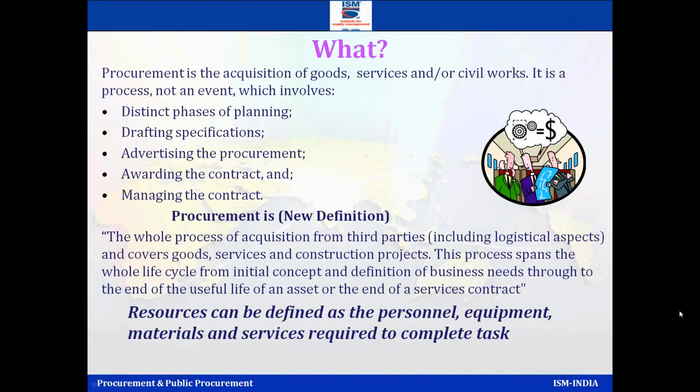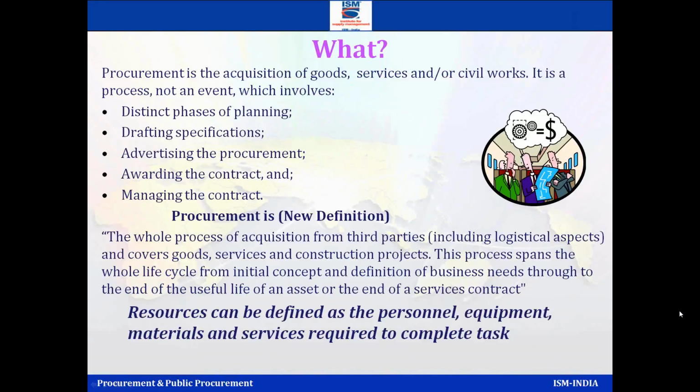Let's understand what is procurement. Very simple definition: procurement is acquisition. Acquisition of what? It could be goods. Goods mean tangible things, like buying computers, tables, furniture.